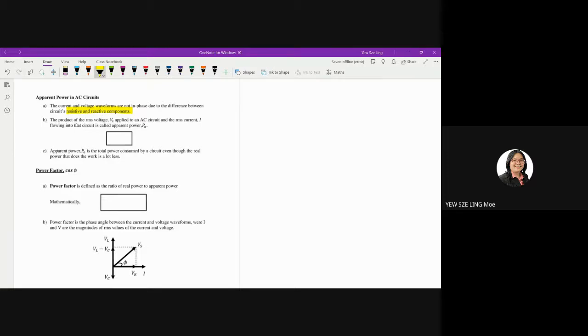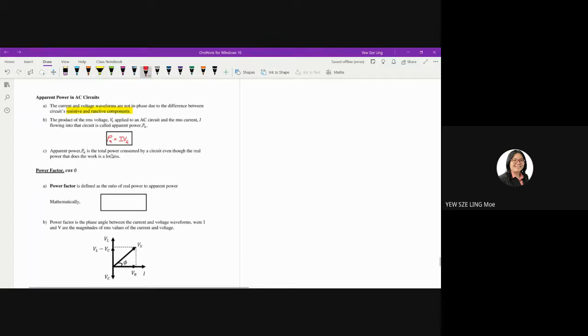So the product of the RMS voltage applied to the circuit, which is your V source, and the RMS current flowing through that circuit is called apparent power. So now we look at the source voltage, how much voltage is coming out from the source. From there, we calculate apparent power by using PA equals IVS. Apparent power is the total power consumed by a circuit, even though the real power does a lot less of the work.